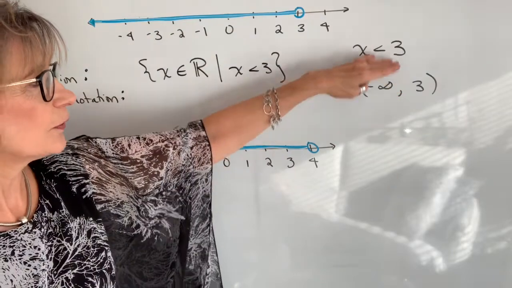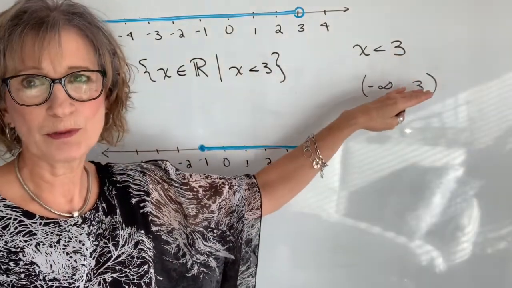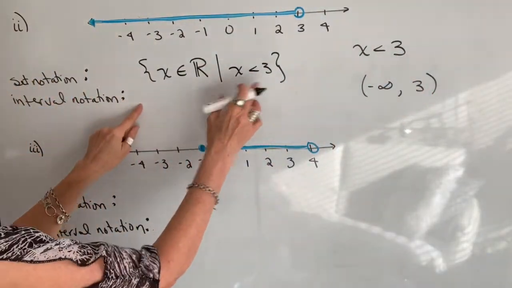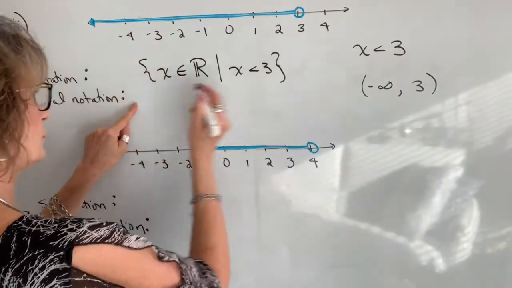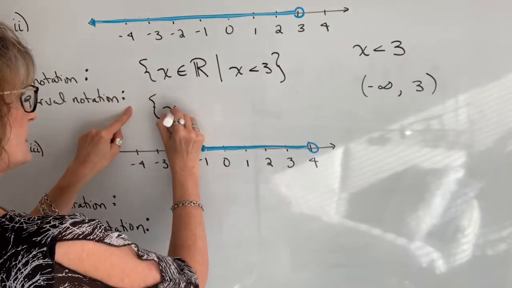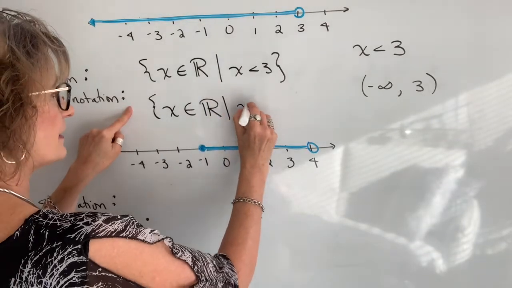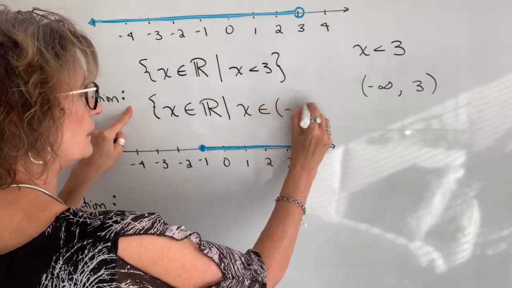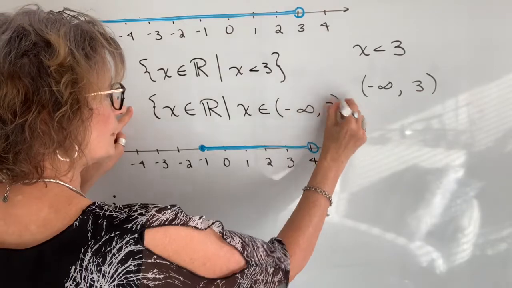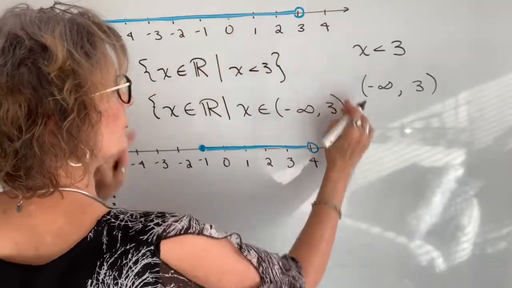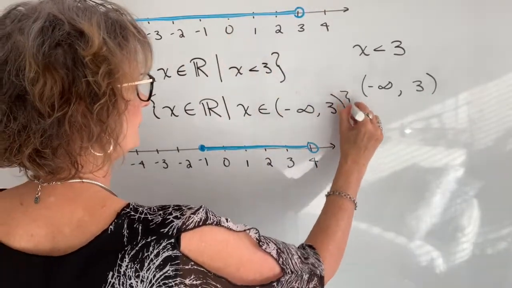We could write it either way if we were doing it informally. If we needed to write it formally, the way that we would write our interval notation is x is an element of the set of real numbers such that x is an element of the set of values from negative infinity to 3, but not including 3.